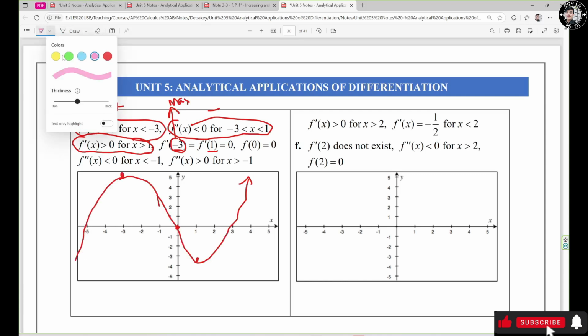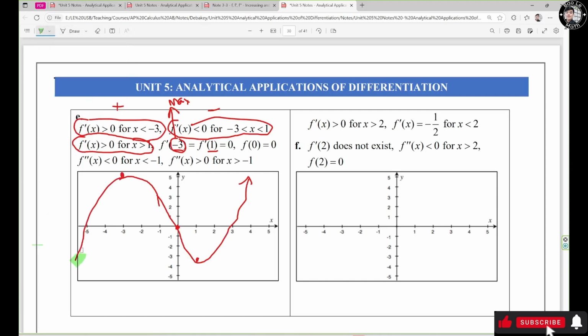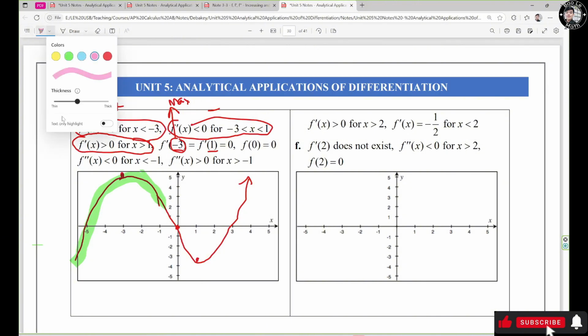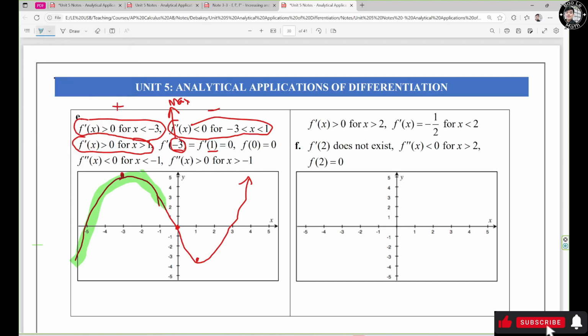So we see that from negative infinity to negative 1, the function f of s is concave downward. And from negative 1 to positive infinity, the function f of s is concave upward, right? And we have the relative maximum right here. The relative minimum is right here. The function f of s passes the origin, right?